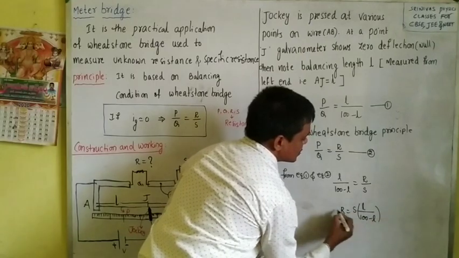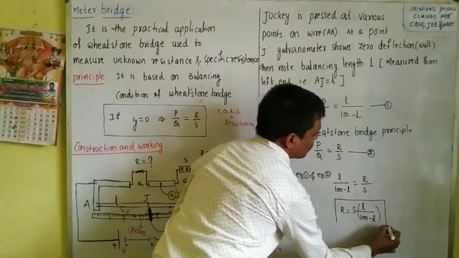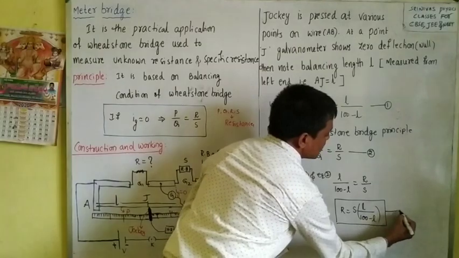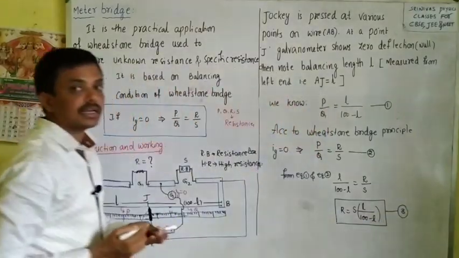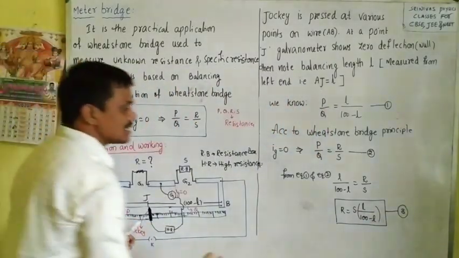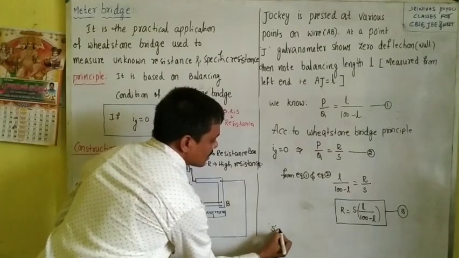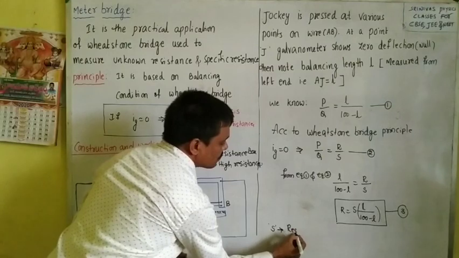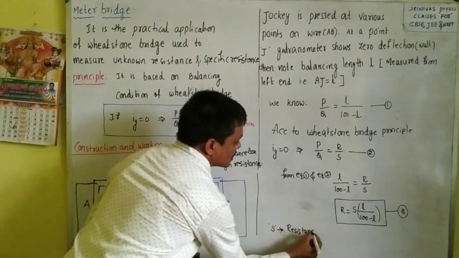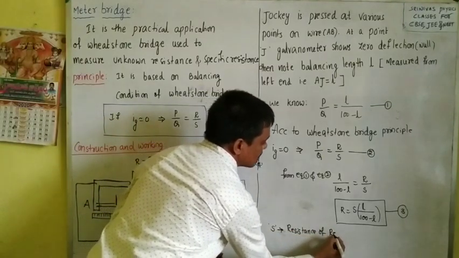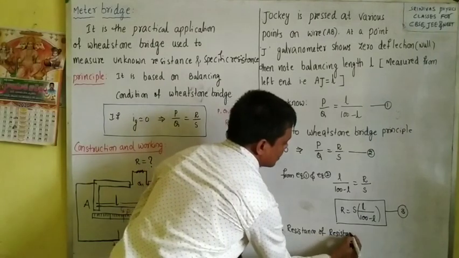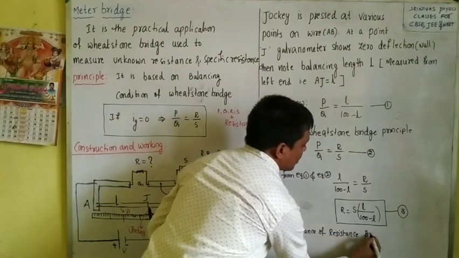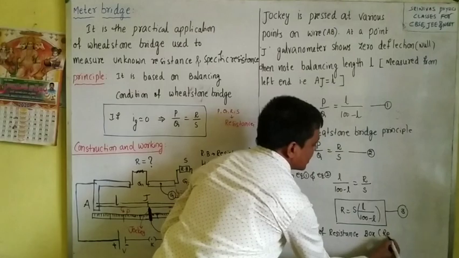This is how to find out the unknown resistance by using the meter bridge. What is S in this? S is the resistance of the resistance box, or resistance in the right gap.